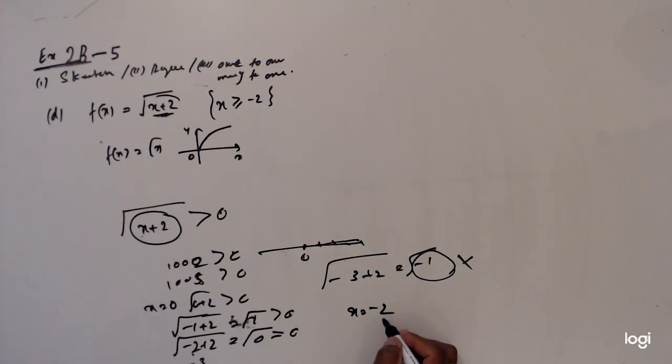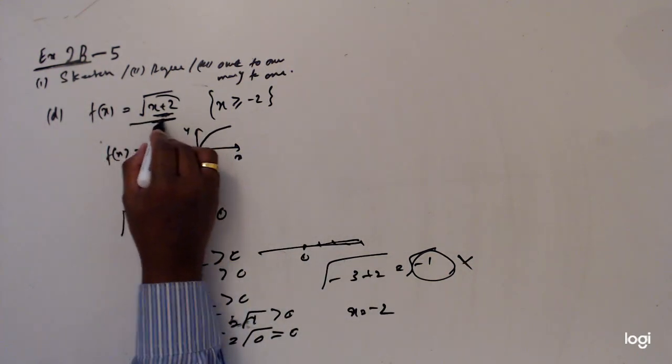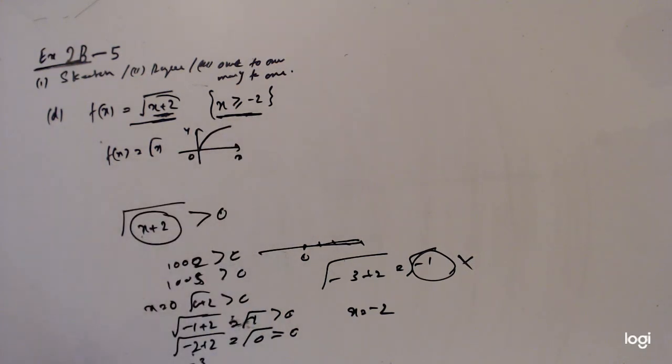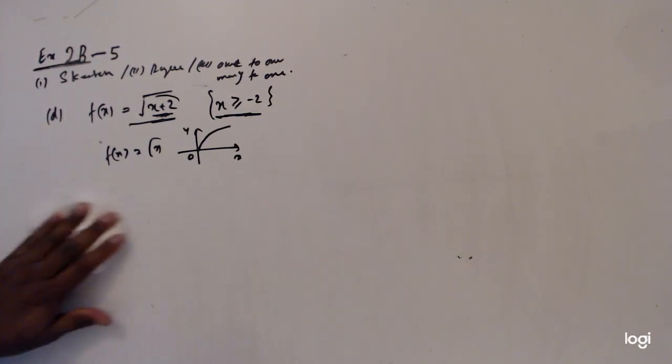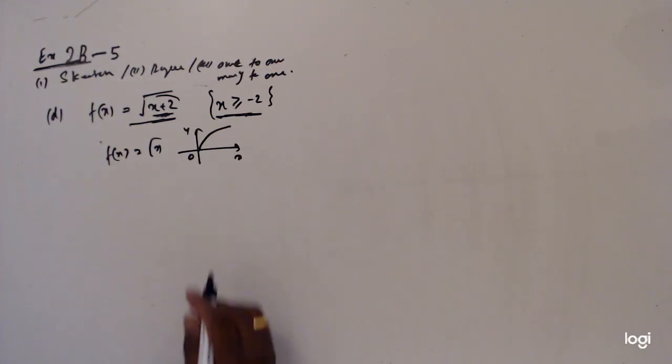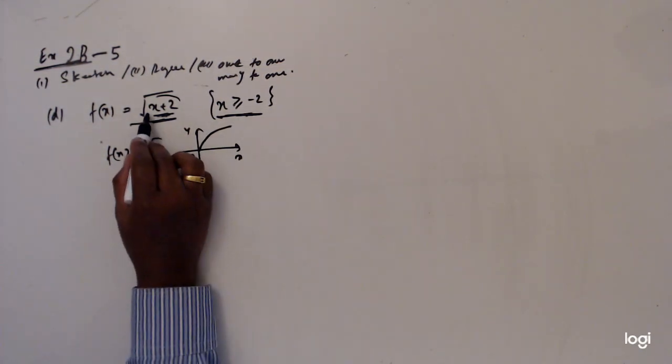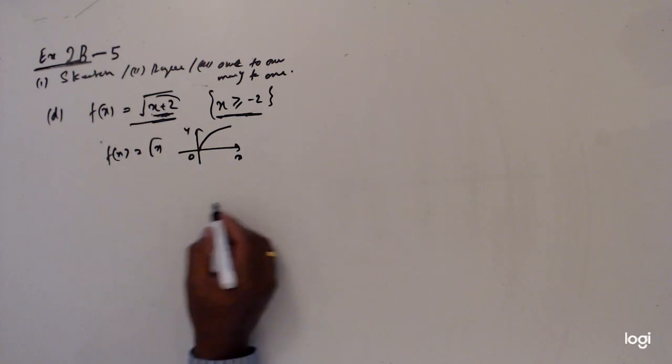and the values bigger than minus 2. That's why when you look at this one, the domain is fixed to that. So when x equals minus 2, the y value is 0.